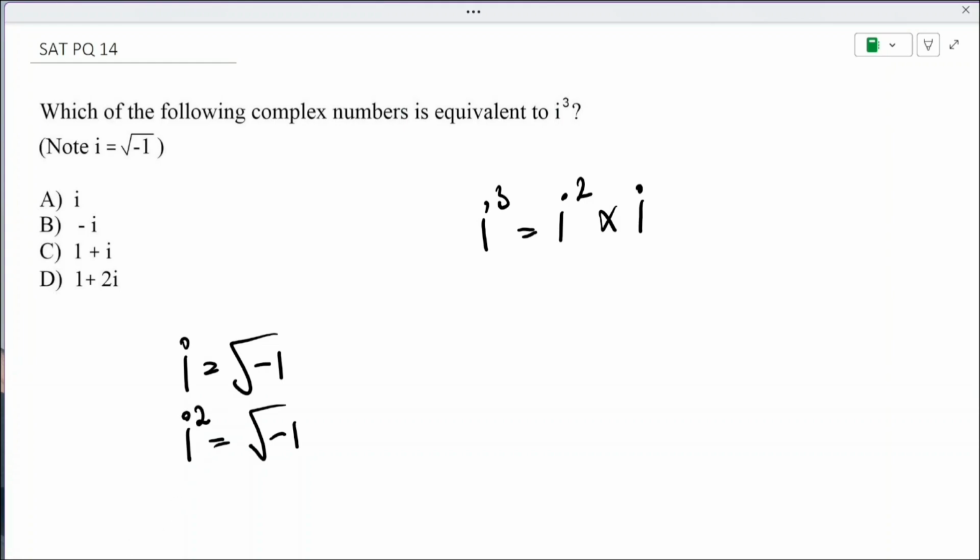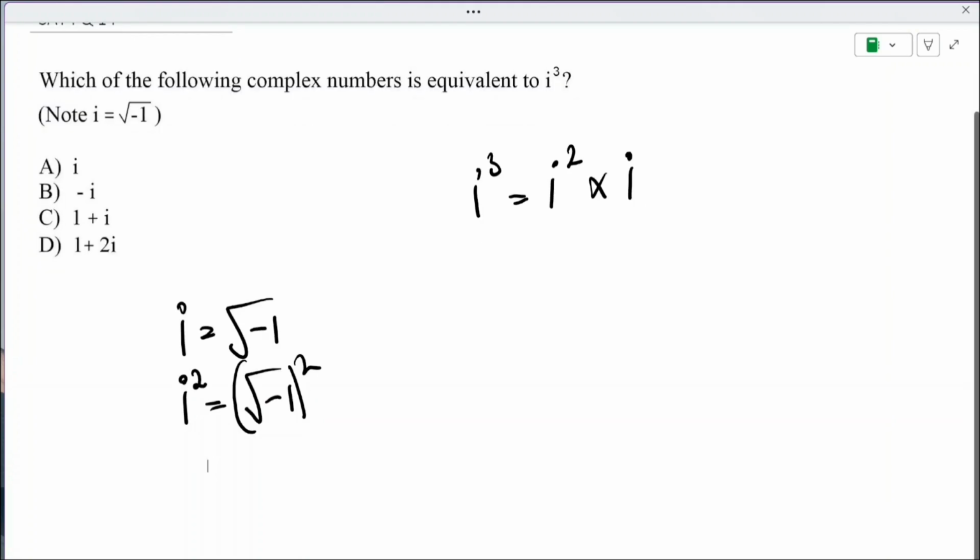So you square this and you square this. With this, you have i to the power of 2 equals, the square cancels the square root. You will be left with -1. So i to the power of 2 equals -1. And with this information, you would solve this question.